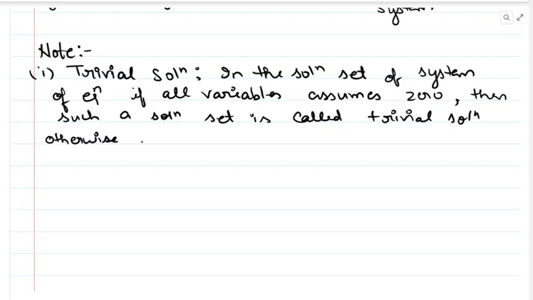Otherwise, the solution is called non-trivial solution.